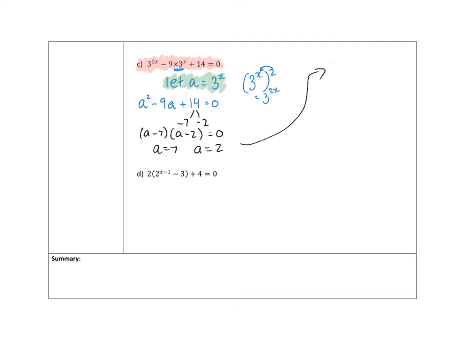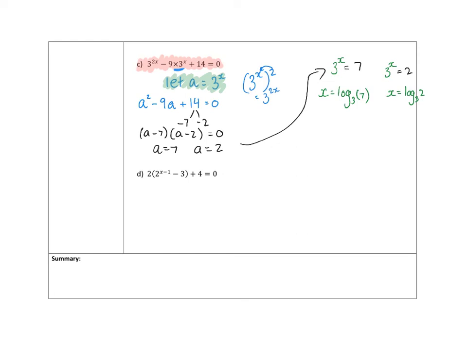So 3 to the x equals 7, and 3 to the x equals 2, which we can solve. If we log base 3 both sides, x equals log 3 of 7, and x equals log 3 of 2. These are just numbers, and so our answer can be left as such.